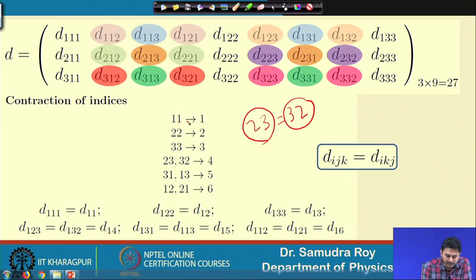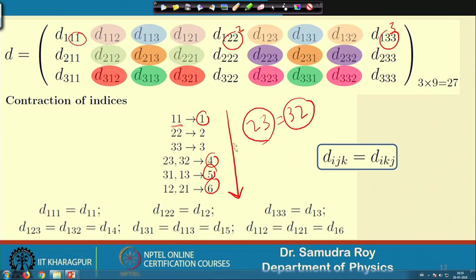So, 1 1 I write as 1, 2 2 I write as 2, 3 3 I write as 3, 2 3 and 3 2, which are eventually the same thing, I write as 4, 3 1 and 1 3, which are eventually the same, I write as 5, and 1 2 and 2 1 as 6.